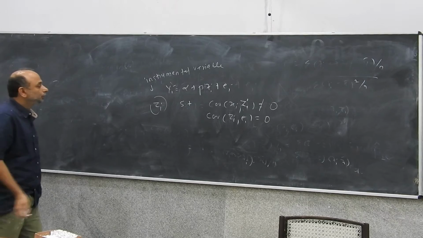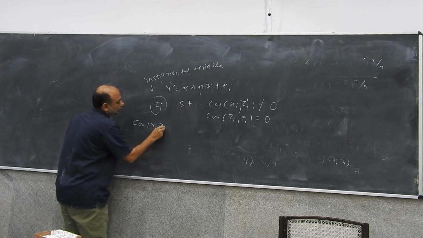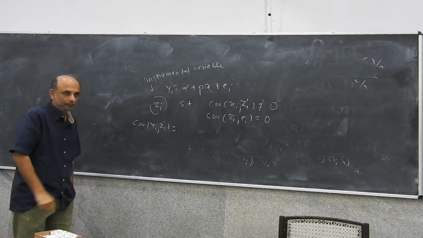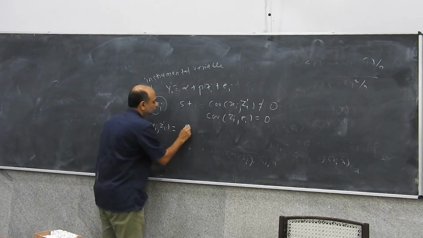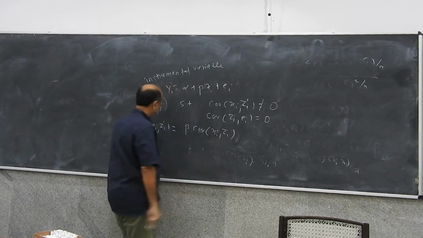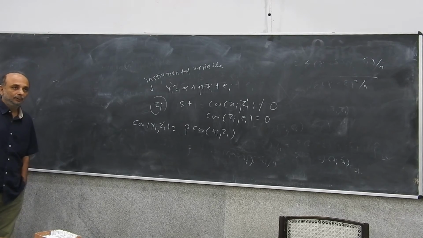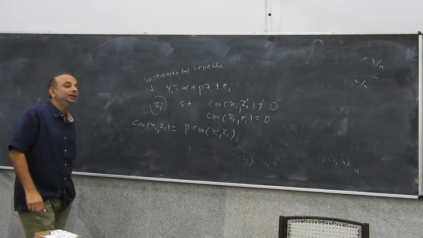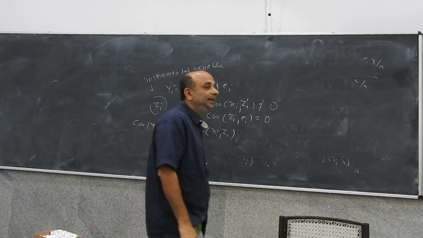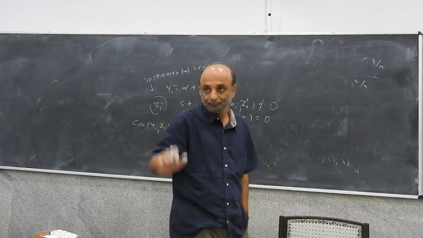Okay, so think of... which is now... why? Because alpha is a constant and covariance zi ei we have set to be 0, right?